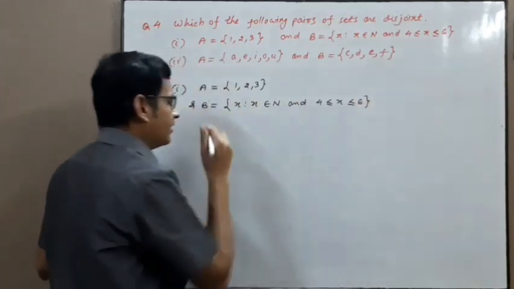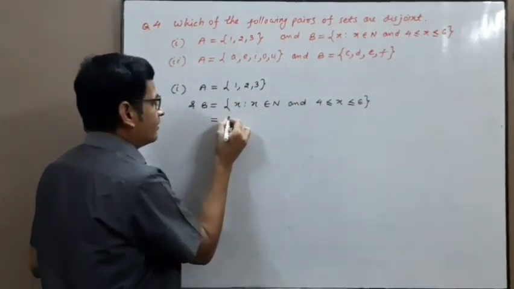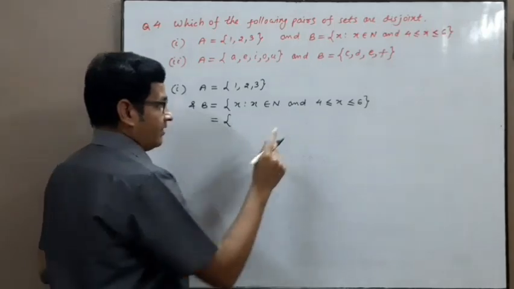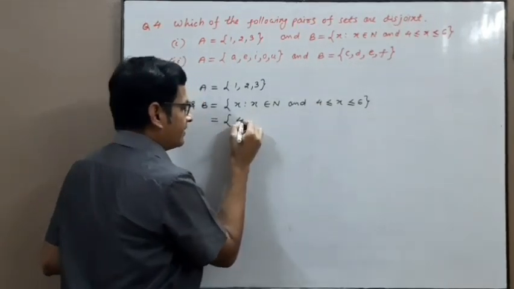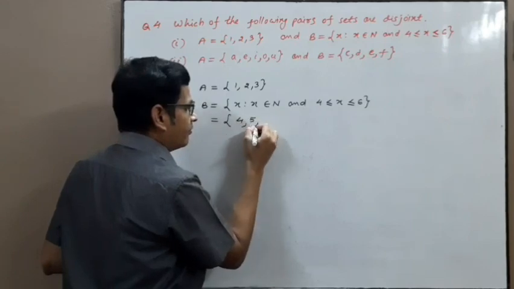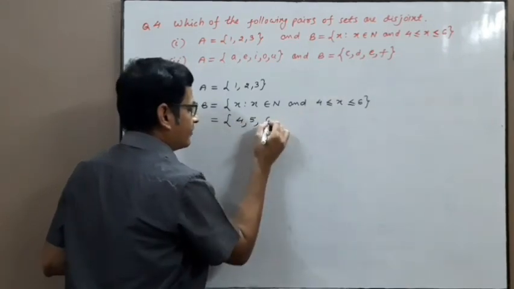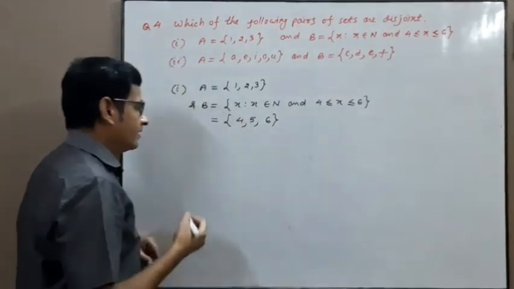This is in set builder form, so first write the corresponding roster form. X is a natural number greater than or equal to 4, means X equals 4, X equals 5, and less than or equal to 6, so X equals 6.